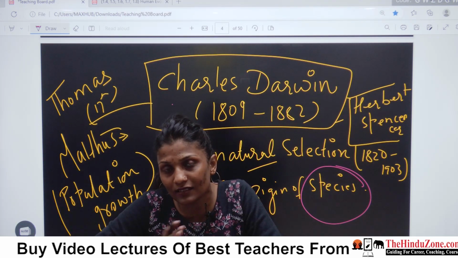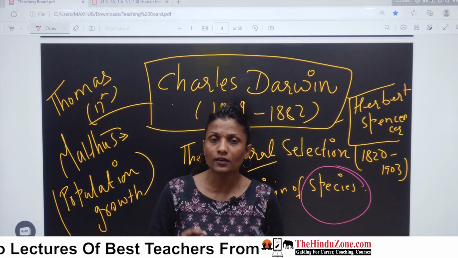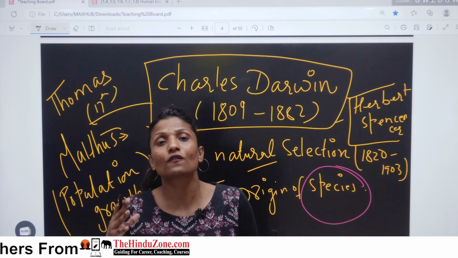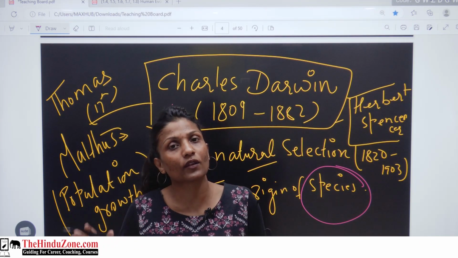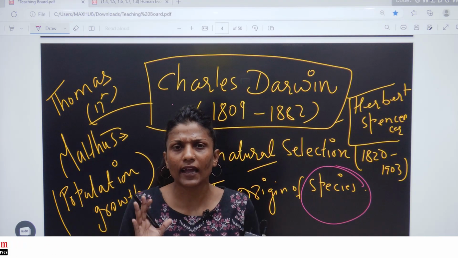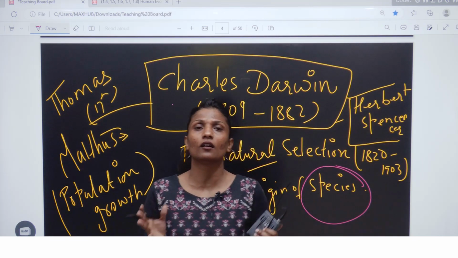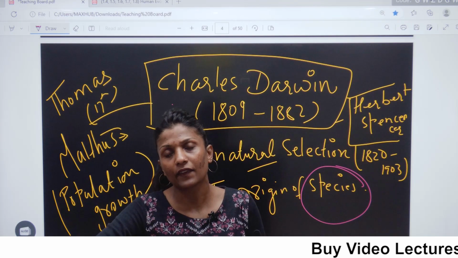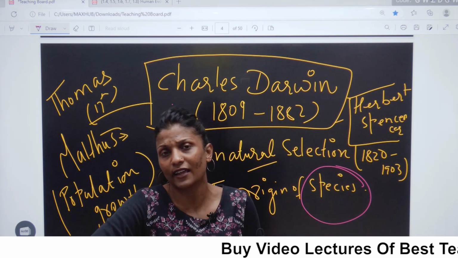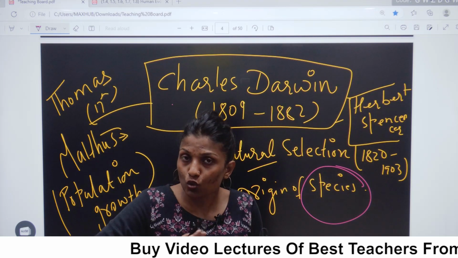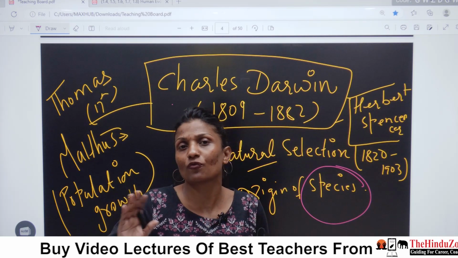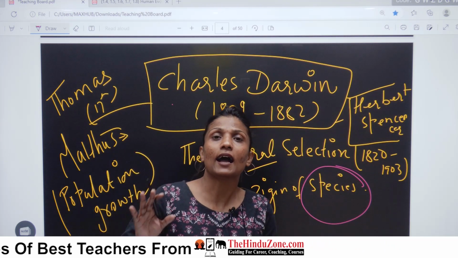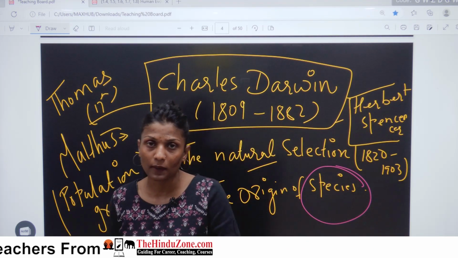In this scenario, those species or races that are not fit cannot survive and will be wiped off. He explained how natural calamities happen, and how nature has ways to wipe off certain numbers of the population so that the cycle can continue. So Charles Darwin was hugely influenced by Thomas Malthus.